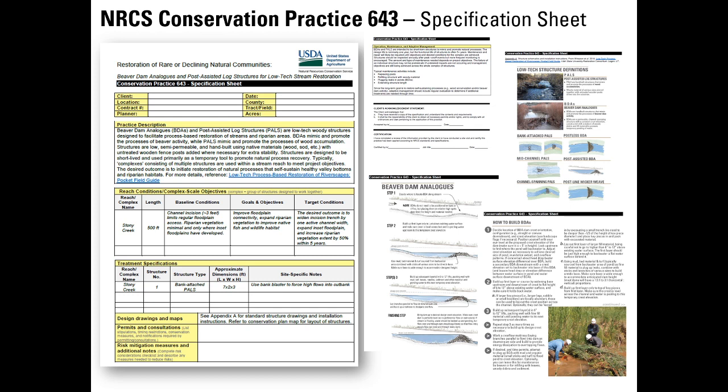And we actually have some template specification sheets available for you to use that include all of the typical information and schematics from the design manual and pocket guide, and step-by-step instructions that we would use to document our design and provide to the landowners and their contractors to actually implement this. So if you don't have that, ask your state biologist, or you can contact me for a template copy.